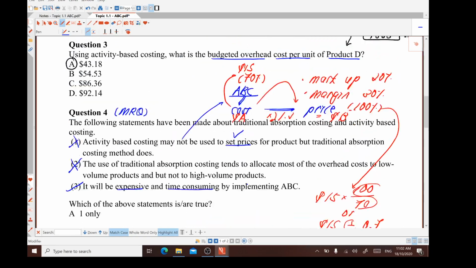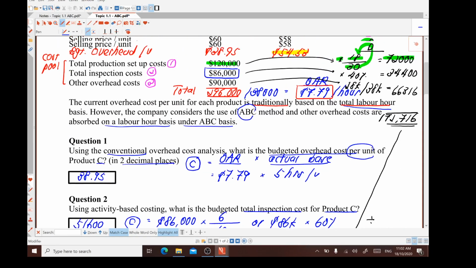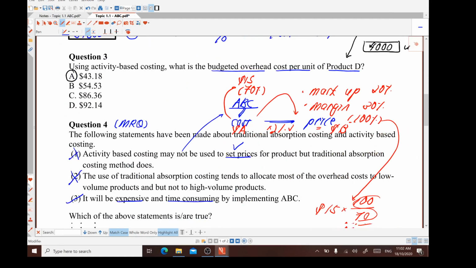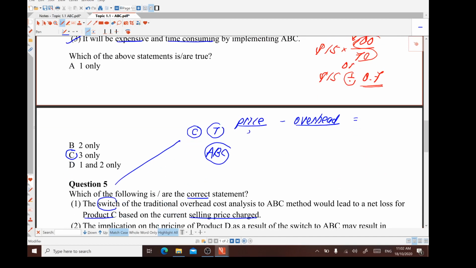Okay, so ladies and gentlemen, now what I have to do is to look at the prices. That's going to be like 60 for product C. Okay, great, 60. So regardless of the method, the selling price will still remain, and this is 38.95. Can you see that? All right, great.